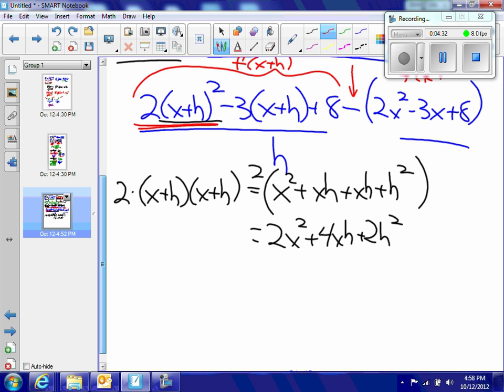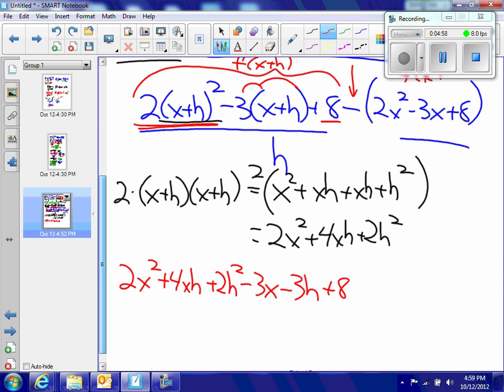So I'm expanding it out. I have 2x squared plus 4xh plus 2h squared. Now I'm going to distribute my 3 up here to these two terms, because that is multiplication. It's a negative 3, so I have minus 3x minus 3h. I can't forget my plus 8.